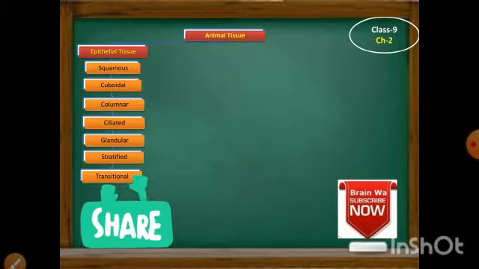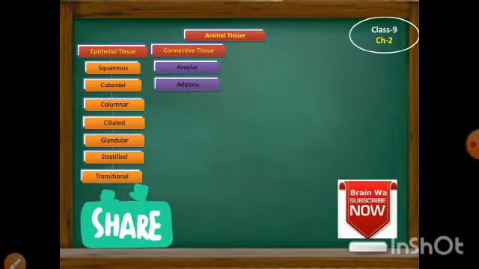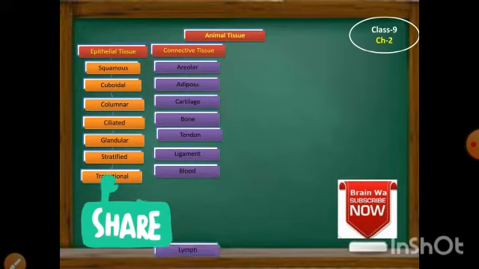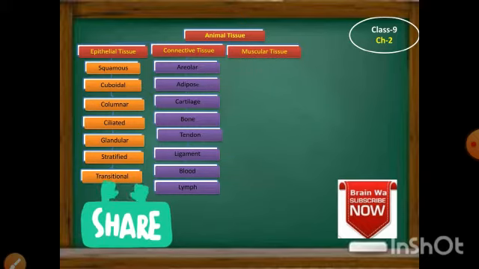Now, second of the animal tissue is the connective tissue: areolar, adipose, cartilage, bone, tendon, ligament, blood, and lymph. The third one is the muscular tissue.